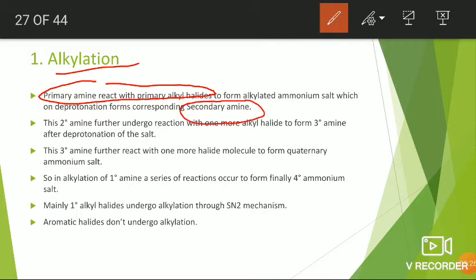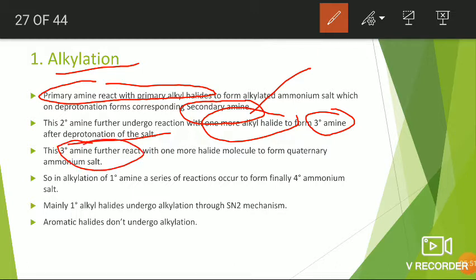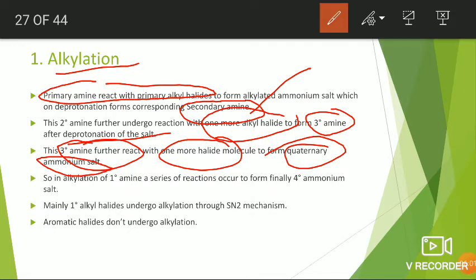Here the secondary amine produced in the first step acts as a better nucleophile than the primary amine, so it further undergoes reaction with one more alkyl halide to form the corresponding tertiary amine after deprotonation of the intermediate salt. This tertiary amine further acts as a nucleophile and reacts with one more halide to form finally a quaternary ammonium salt.